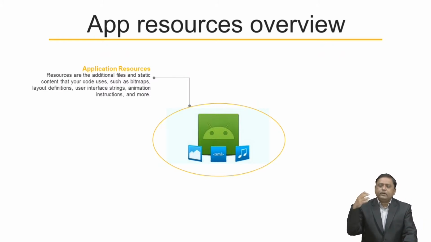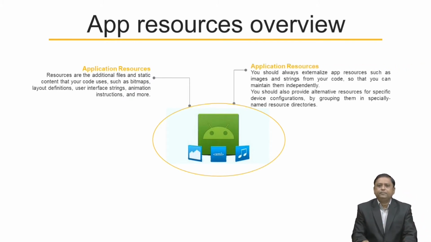You will see that all these are defined as separate content, either as an XML file or as a raw file. You should always externalize app resources such as images and strings from your code, so that you can maintain them independently. Whenever you require, you can use it.